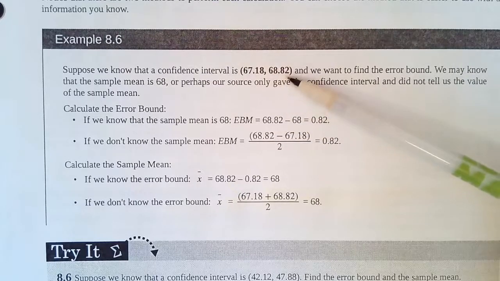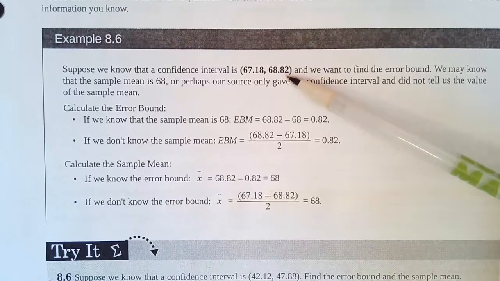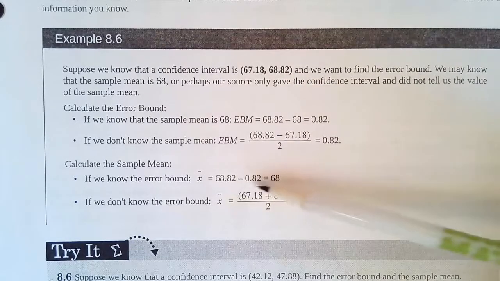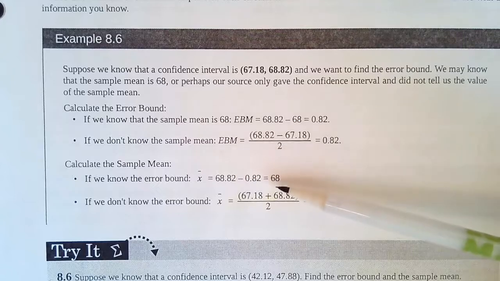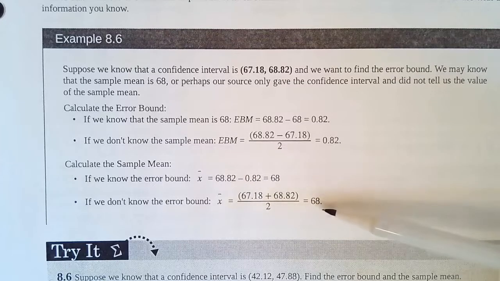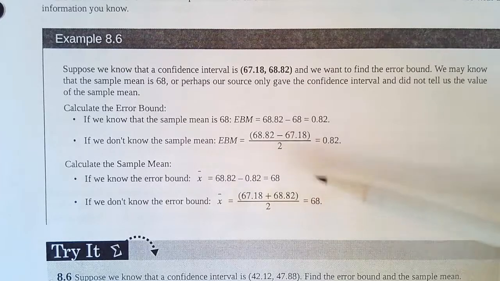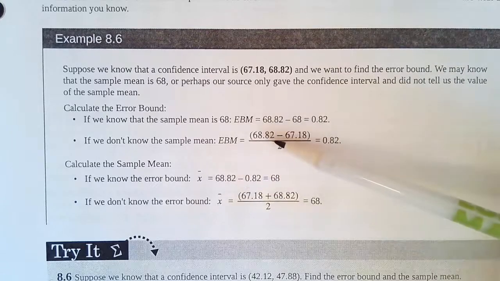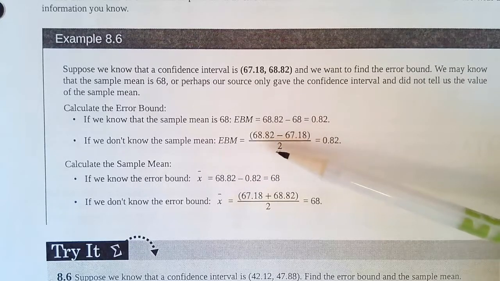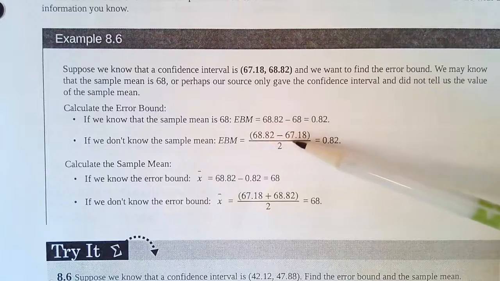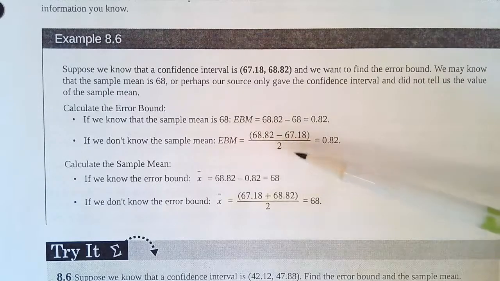Just remember that you're finding the average to find the middle. So we add the endpoints together, divide by 2, and that tells us the middle. If we find the distance and then divide by 2, that's the EBM.